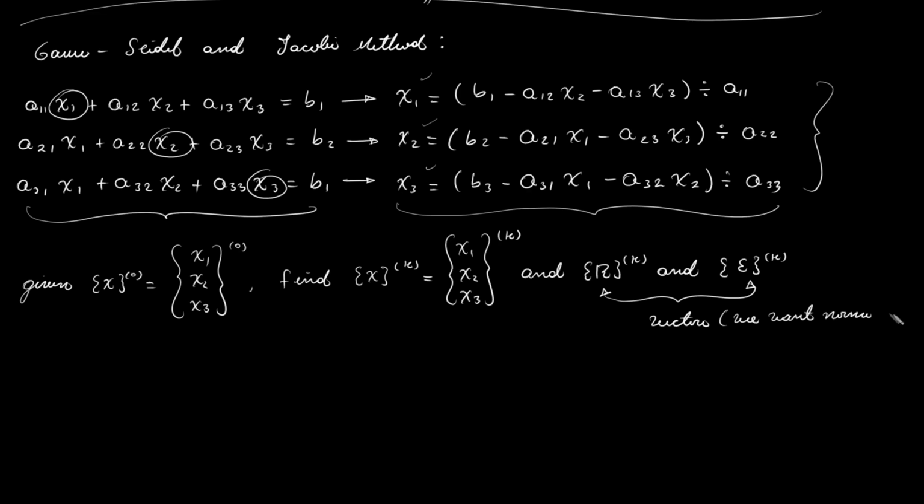Most of the time we want norms, and the norm that we want is more often the infinity one. For residual and iterative convergence, it makes sense to look at the norm. For the solution, it makes no sense to look at the norm, so don't worry about that.